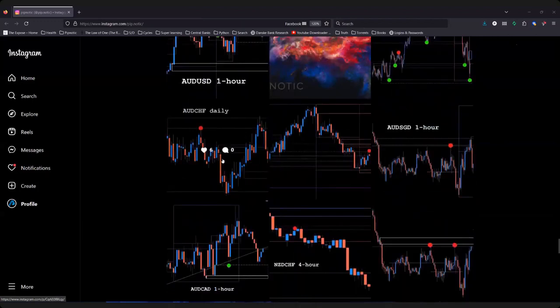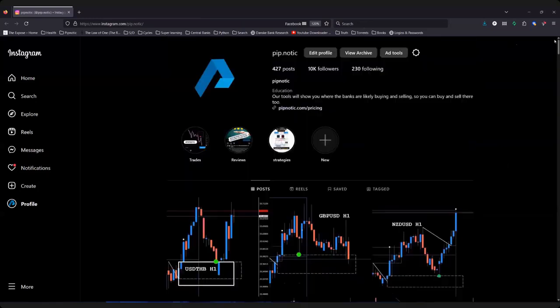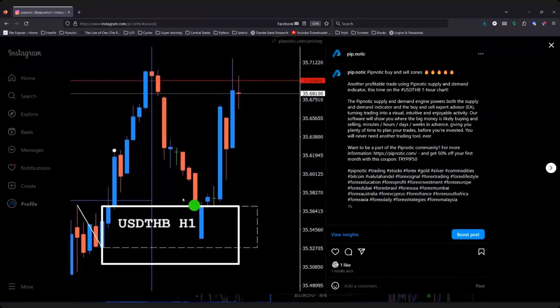If we go to the new ones, we had several today. This is one we had today, and it's a really good example of what we're looking for, where we have an area of demand that is established. This thick white box is the algo trader telling us where we want to buy.